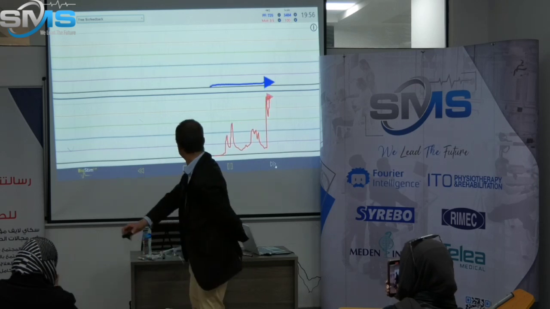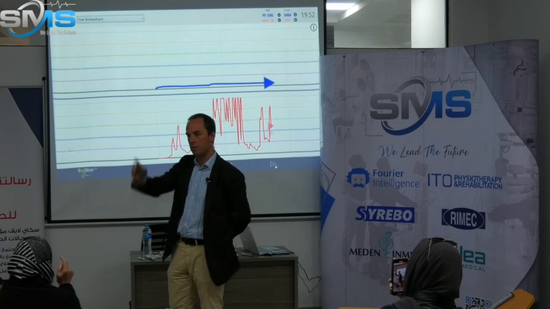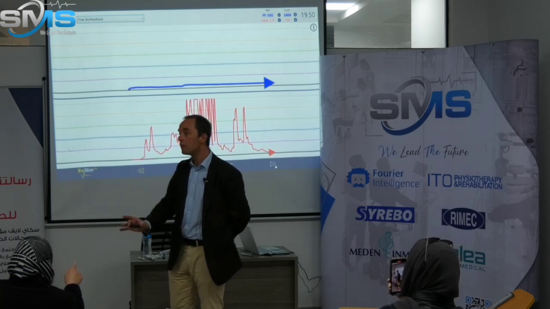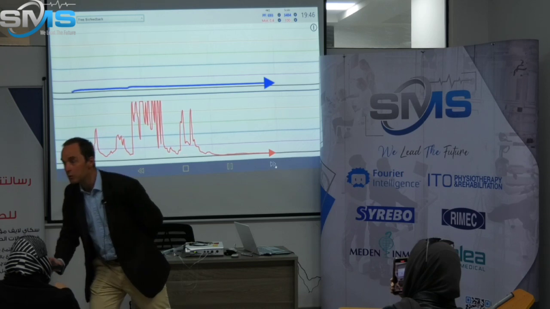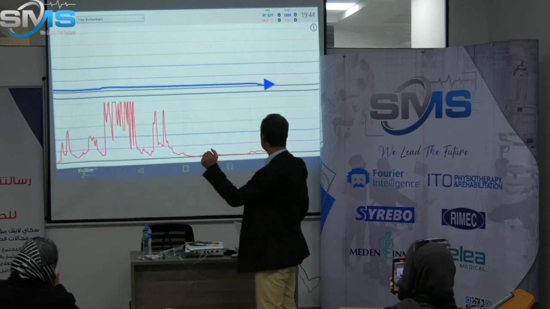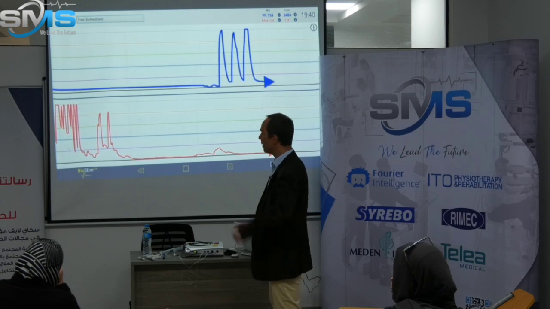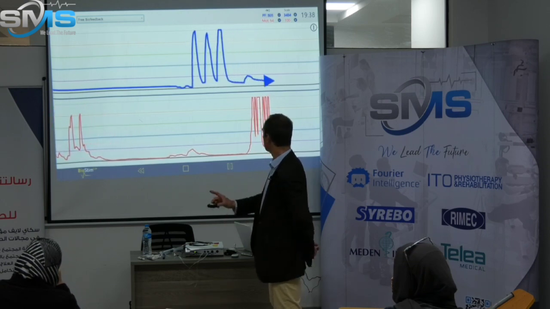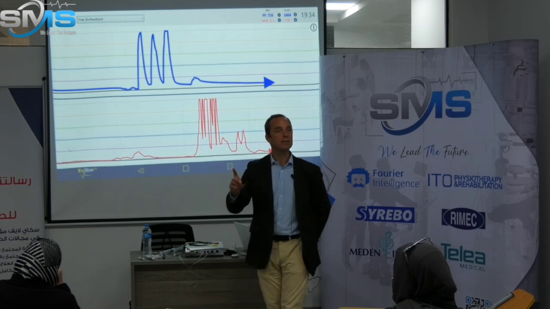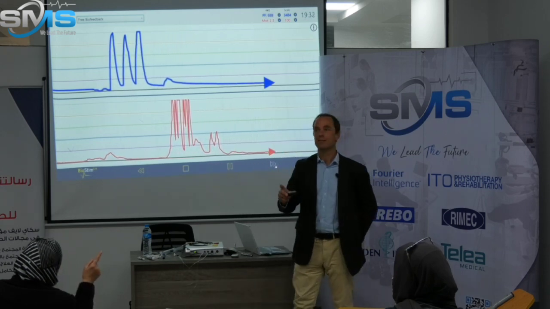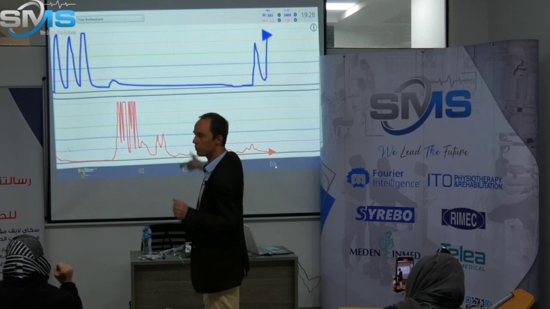Every time it moves, you see, when it moves, the red line is going up, during the activities. At the same time, you see the blue line. The blue line is the vaginal probe. And when I move, the red line goes up. So the contraction of the pelvic floor is the blue one.